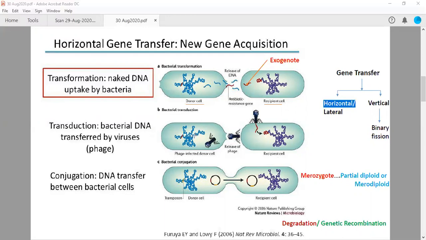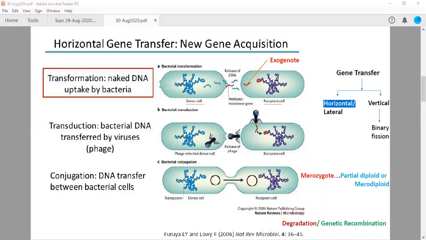Now what you need to note in transduction is that the DNA being integrated into the recipient cell is coming from this particular donor bacterium. So this is not the DNA of the bacteriophage itself. The bacteriophage here is only a carrier which can carry this particular gene from this bacterium to some other bacterial cell.